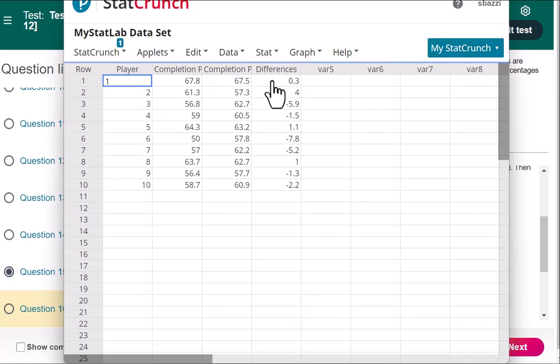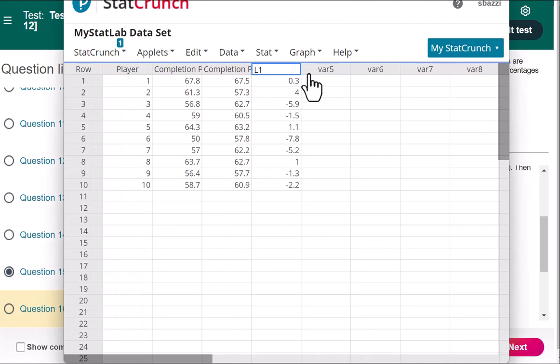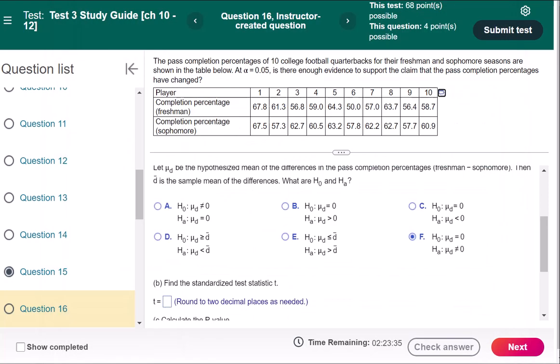You could also do this on the calculator, but you have to do the differences first, and then you take this one and put it in the calculator as L1, for example. And let me show you what you do in the calculator. So you go to stat, edit, you put the differences in L1, and then you go to stat, tests, t-test, and then data, and then you put 0 here because you're testing, and then L1, and then you do different from 0 here, and then you test it, you get exactly the same results.